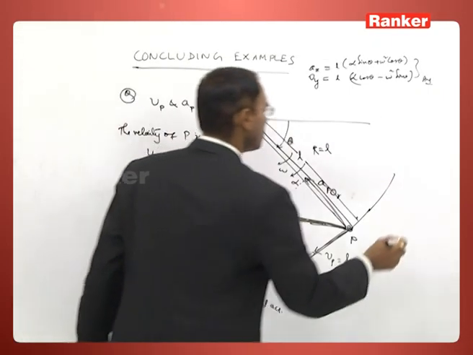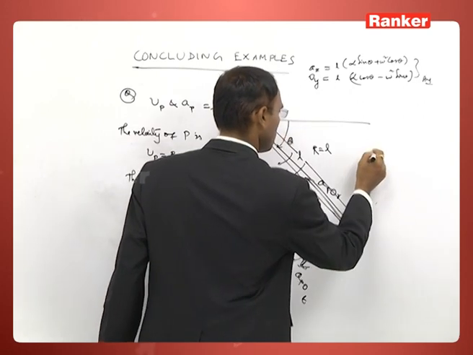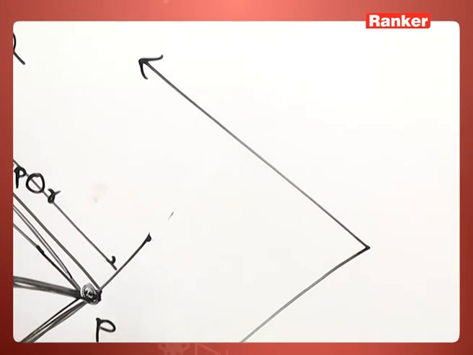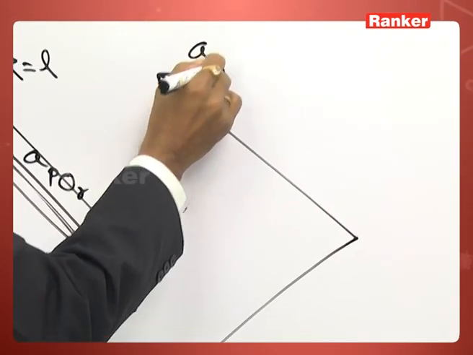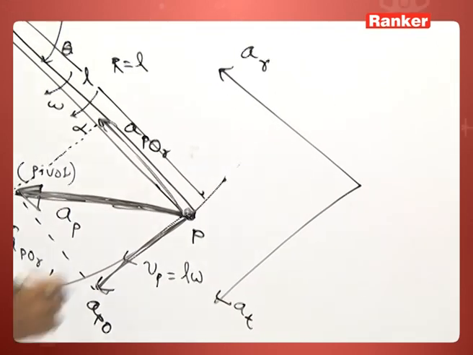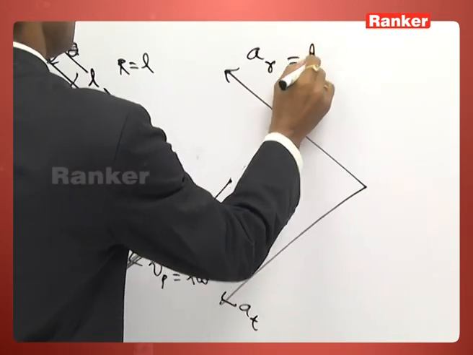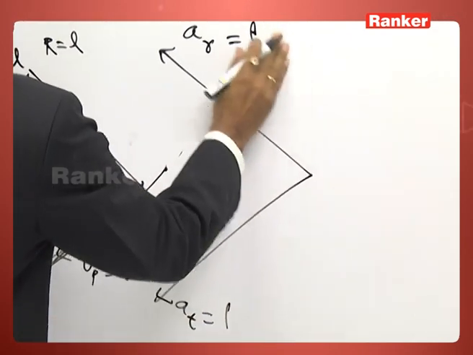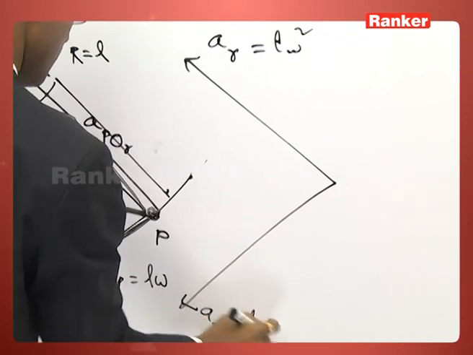Let us now redraw the vectors. This is the radial acceleration, this is tangential acceleration. What is that? This is L alpha and this is L omega square. This is L alpha.